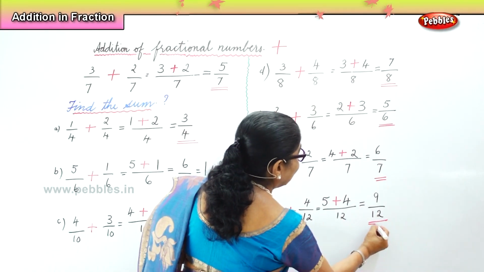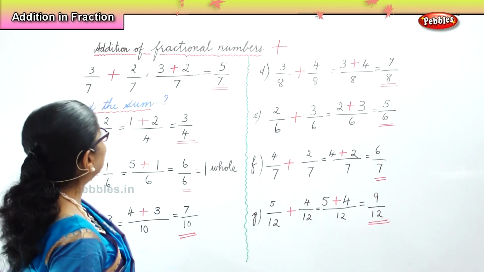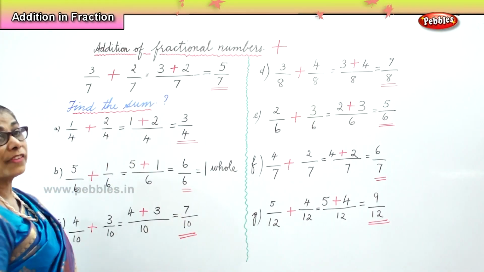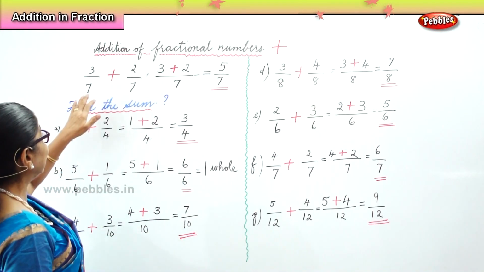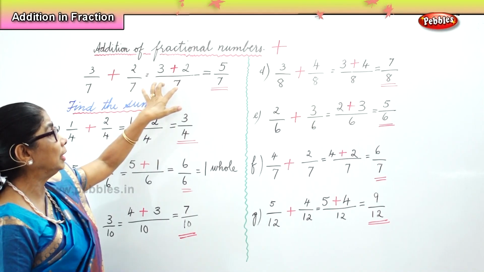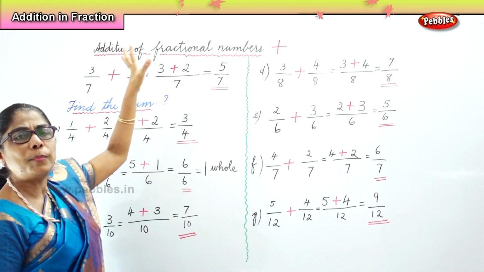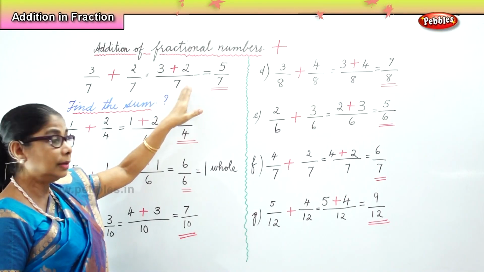That is your answer. What did we learn today? We learned today addition of fractional numbers when the denominators are the same. When the denominators are the same, you simply put in the denominator, you add the numerators, and that gives you the answer.